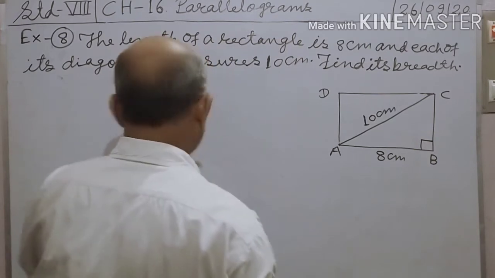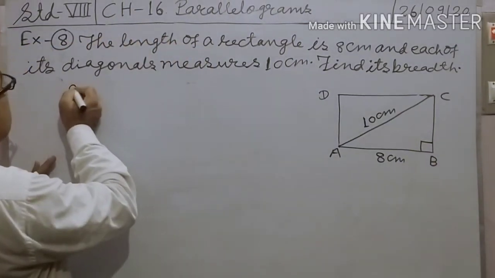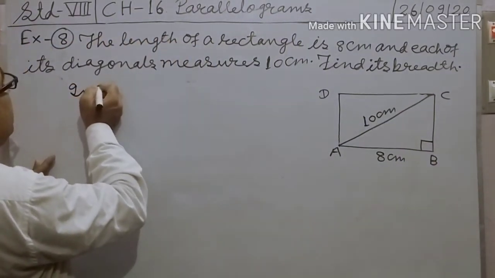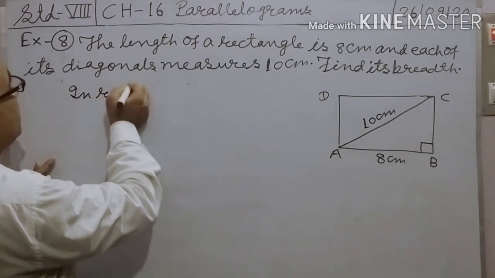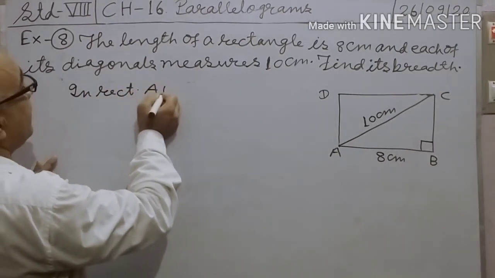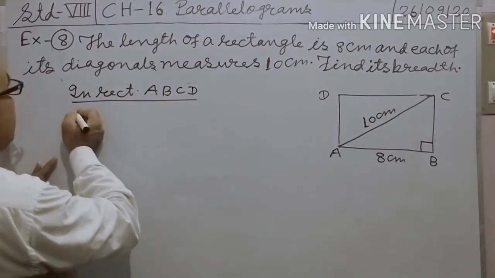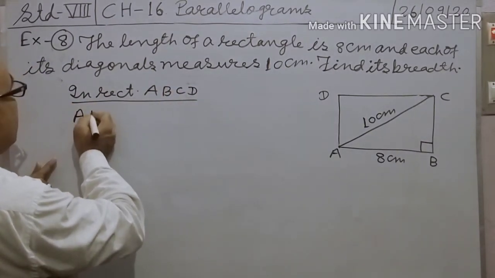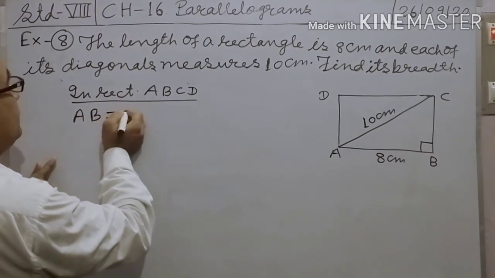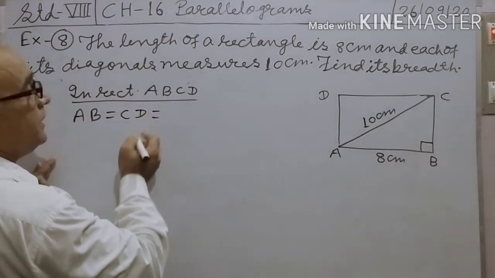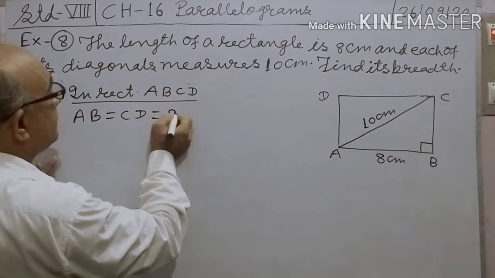Angle B is 90 degree. In rectangle ABCD, AB equal to CD, its length 8 cm.